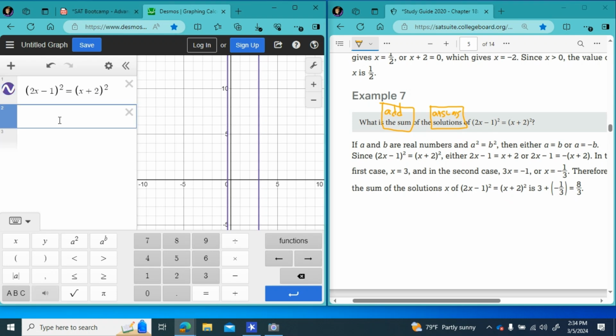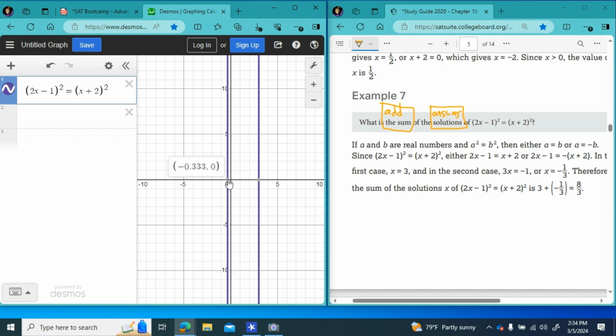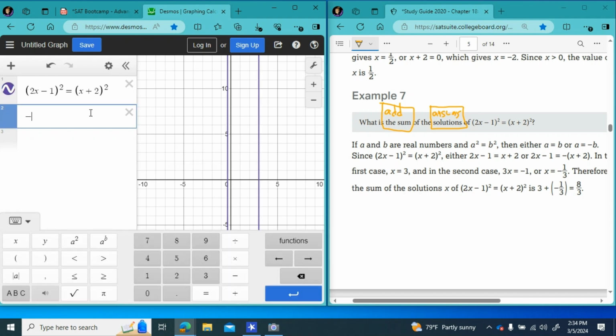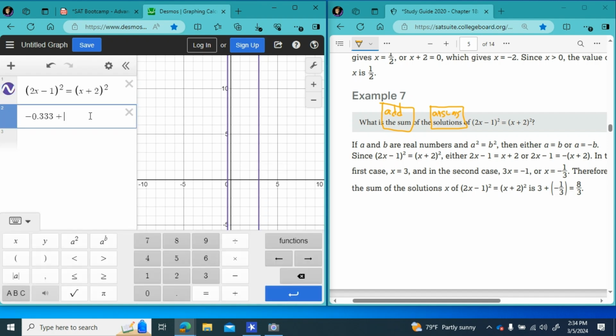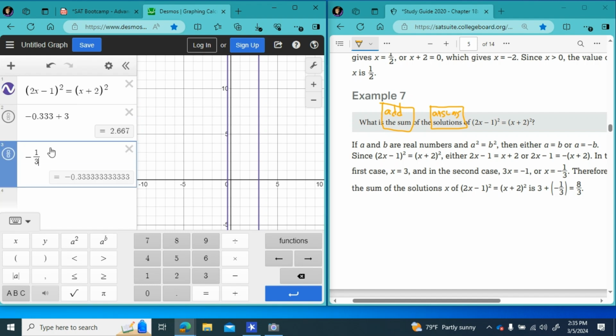And my first one here is negative 0.333 and positive 3. So plus 3. So I've just added my two solutions. And I can assume here that this negative 0.333 means negative a third plus 3, and it's giving me a little bit of a longer answer here.